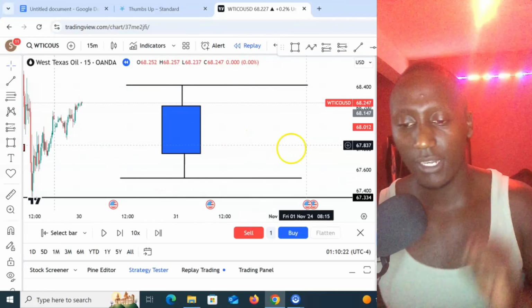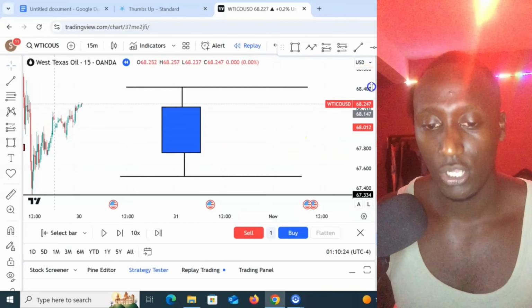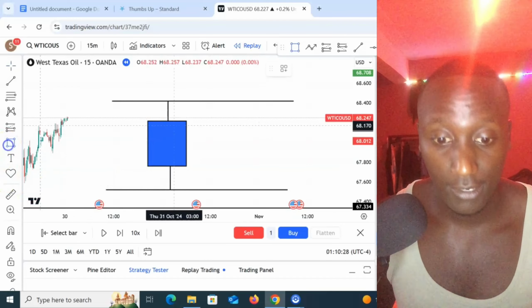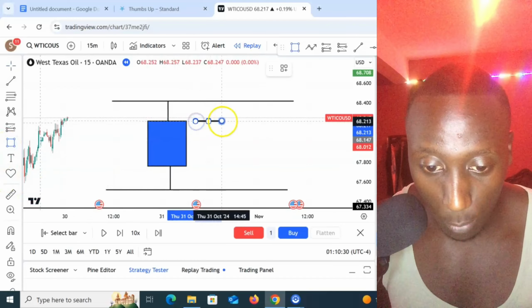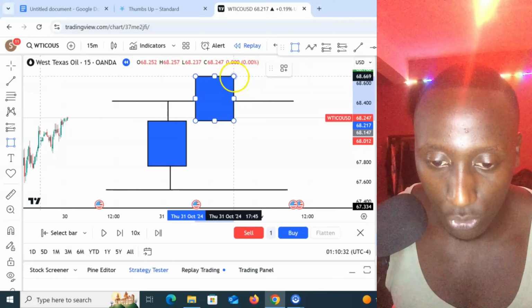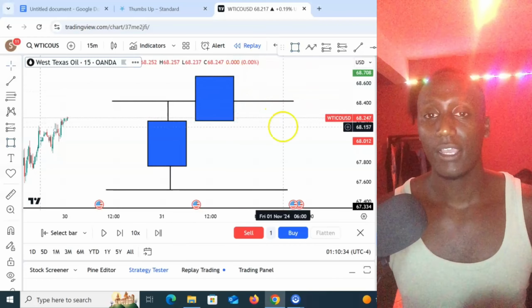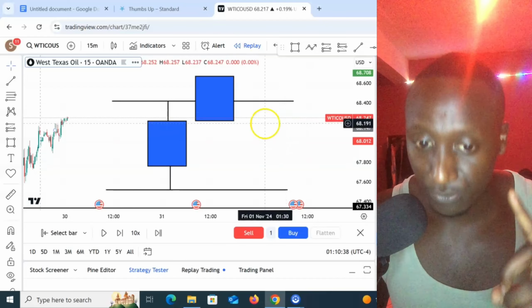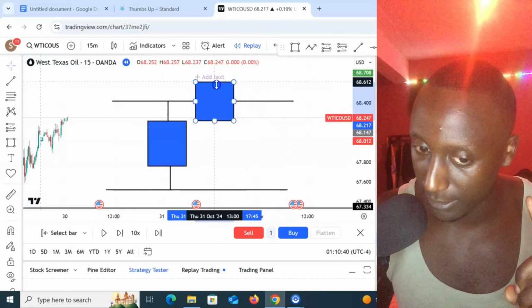Now, let's talk about price action. So the next candle can essentially open and continue going higher. This is very, very important because look at what has happened.